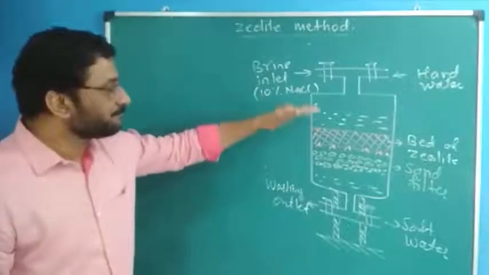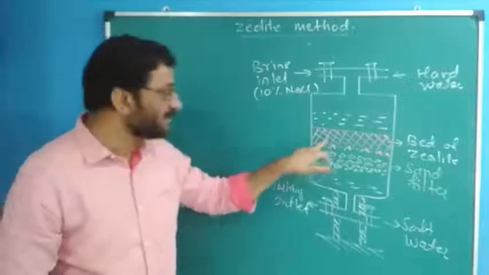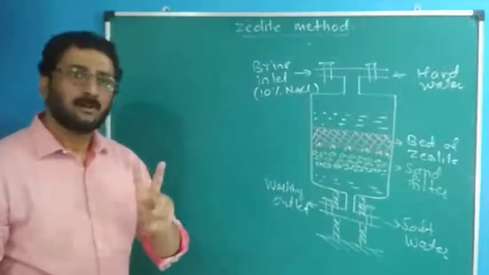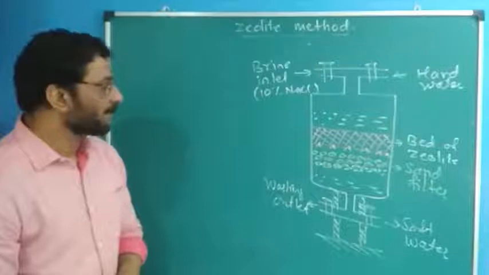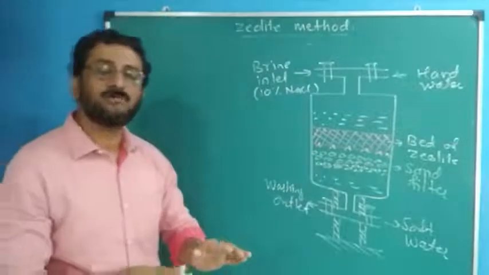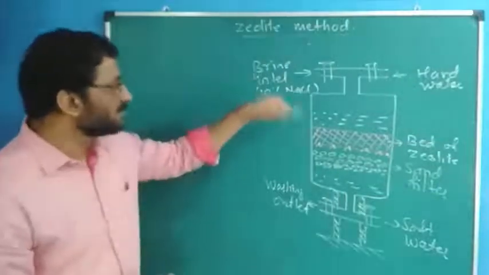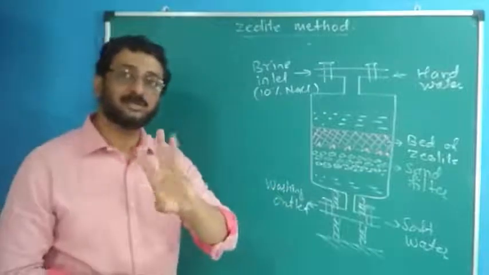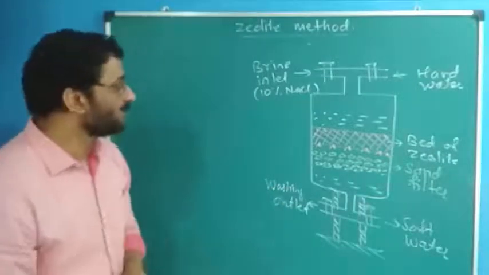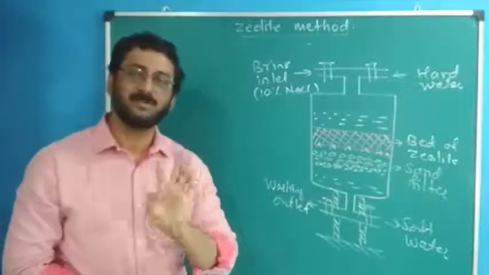Exchange of ions can be easily done; all hardness-causing cations can be easily trapped in the bed. That is the second advantage. Third, regeneration of the exhausted bed of zeolite is quite easy: you just have to pass NaCl, so that is also a plus point. And fourth, operation of the overall plant is quite easy.